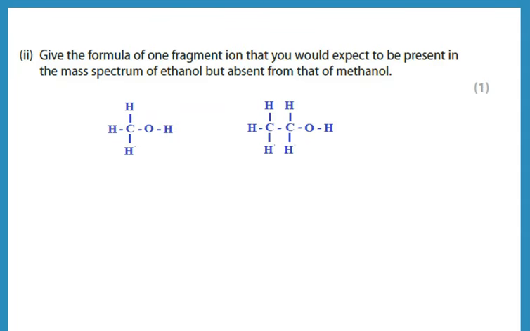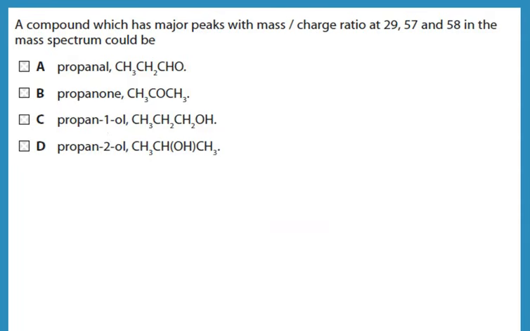Which fragment would I have only in ethanol? Of course, it is the fragment that has 2 carbons, because methanol could never give that fragment. You can either write it in displayed form, or as a structural formula. So this is a fragment present only in one of them. Are we following so far?